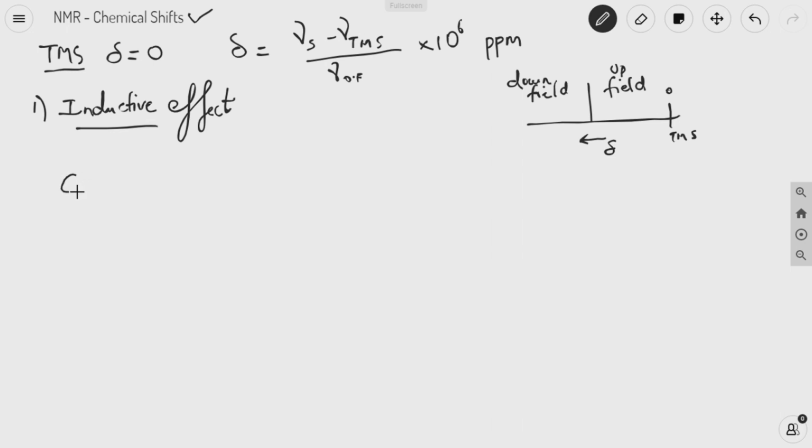Now here we are going to compare the electron density in the case of methane and fluoromethane.